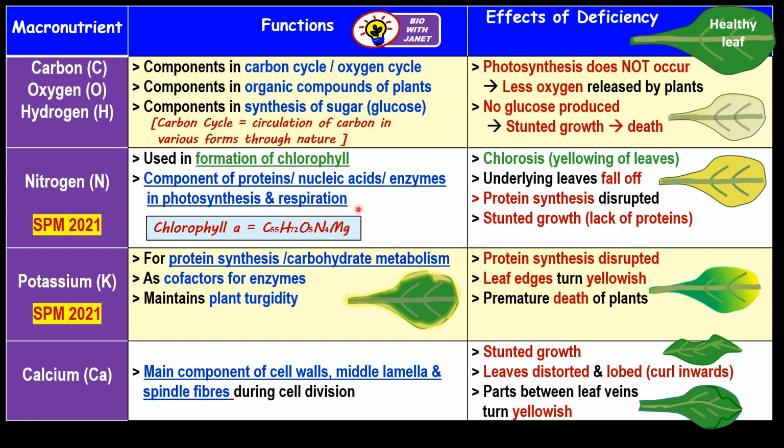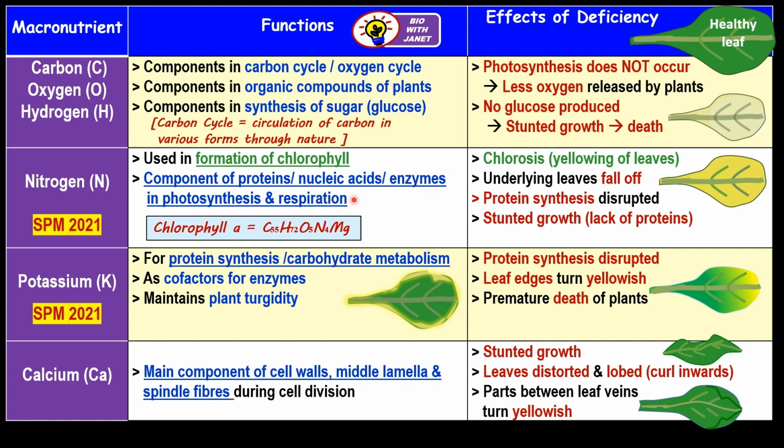Now, nitrogen, as we know from the Form 4 syllabus, is a component of proteins. So proteins contain a few elements, CHON, and then some of them also have sulfur and phosphorus.